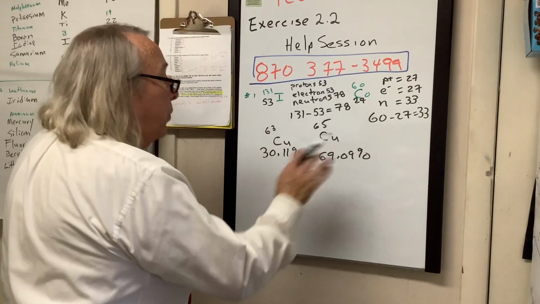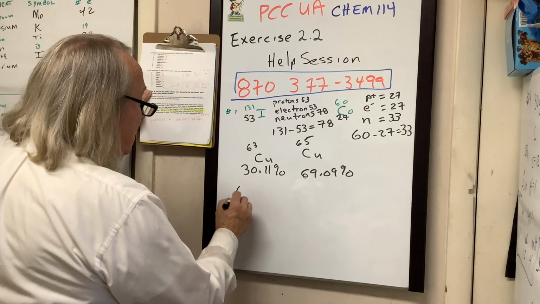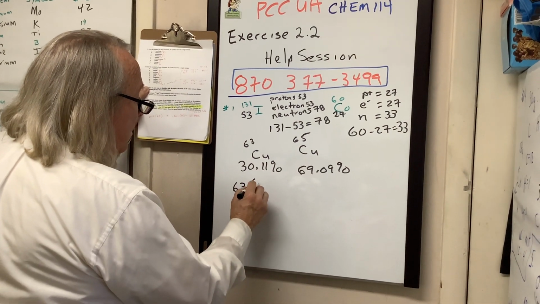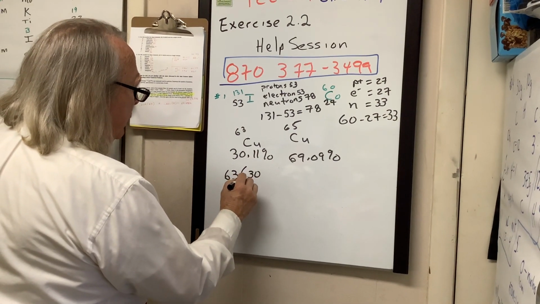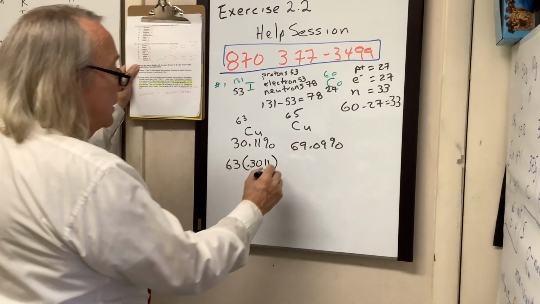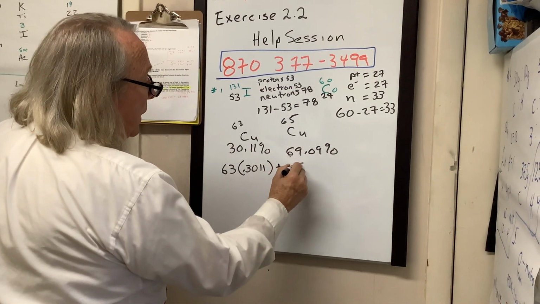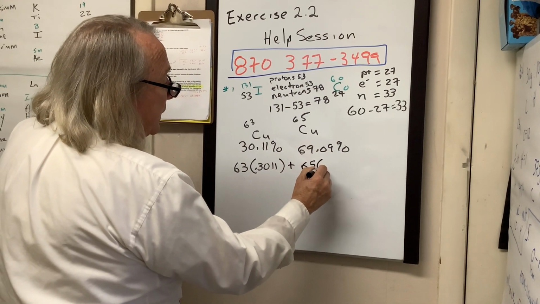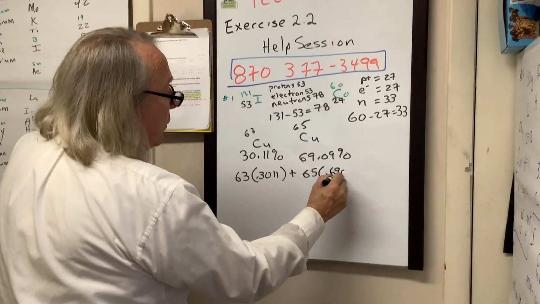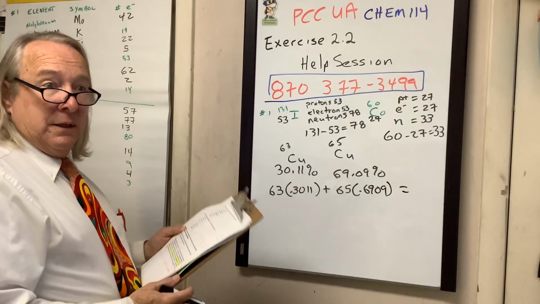Now, the way you calculate the average is you take a fraction of 0.3011 of the copper weighing 63, plus some of the copper weighs 65, specifically a fraction of 0.6909, and put that into your calculator.